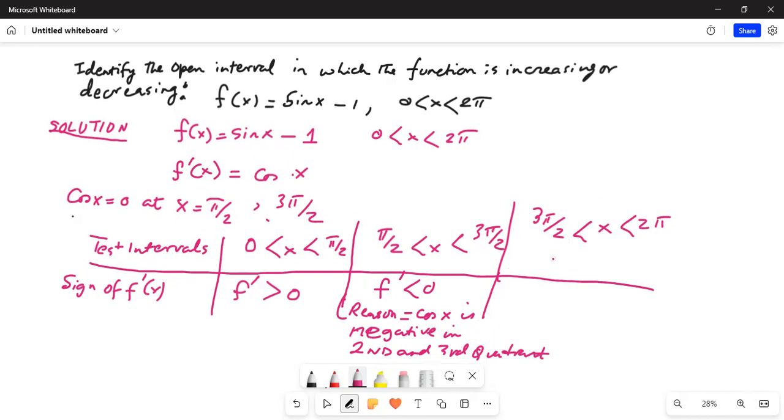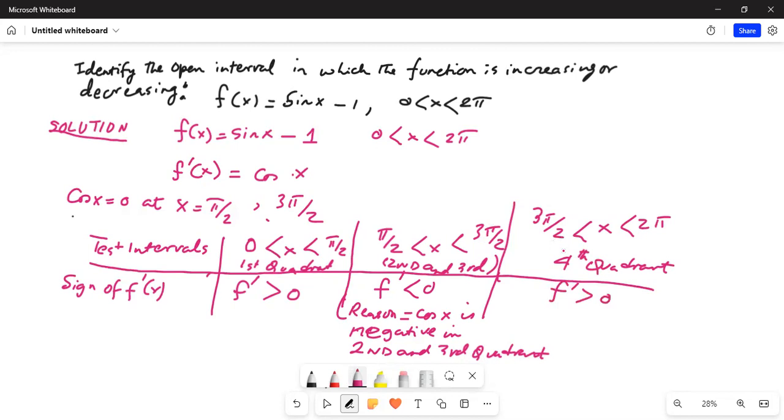This is the fourth quadrant, sorry, I'll correct my mistake. The earlier interval is the second and third quadrant, and this one is the fourth quadrant, where cosine is positive. So here f prime is greater than 0.